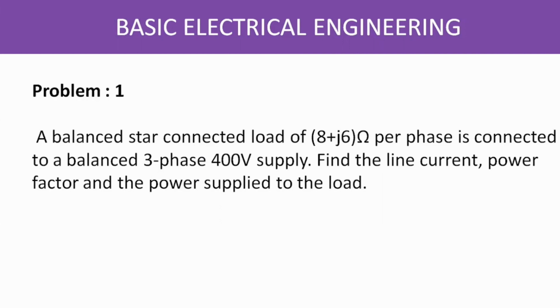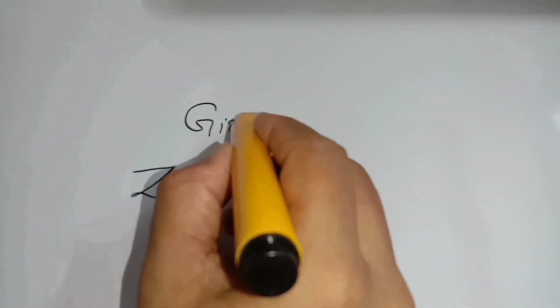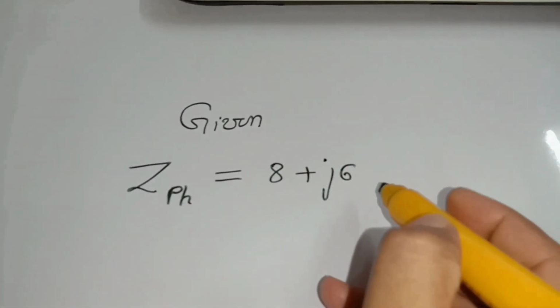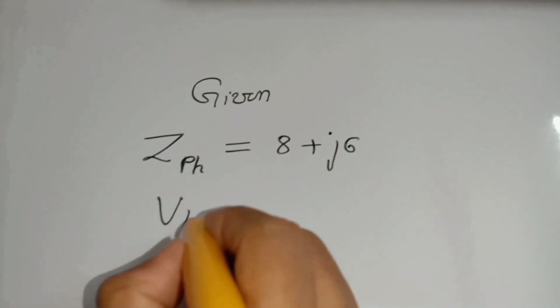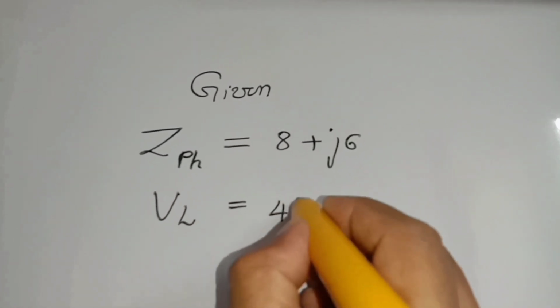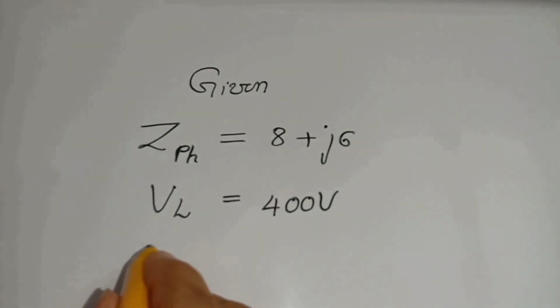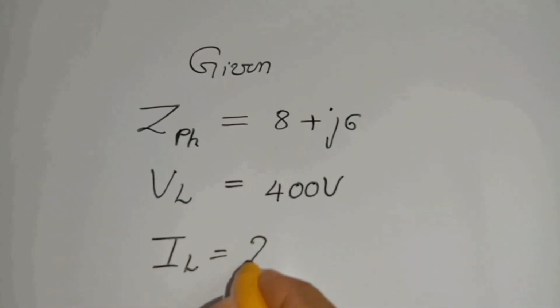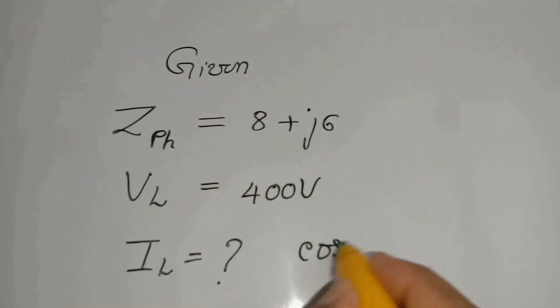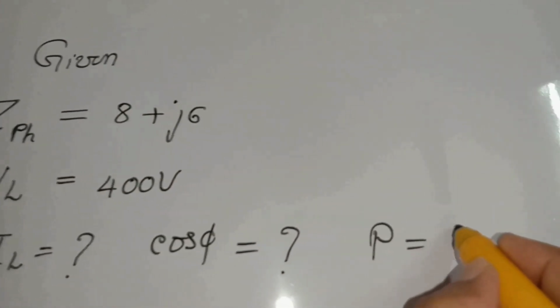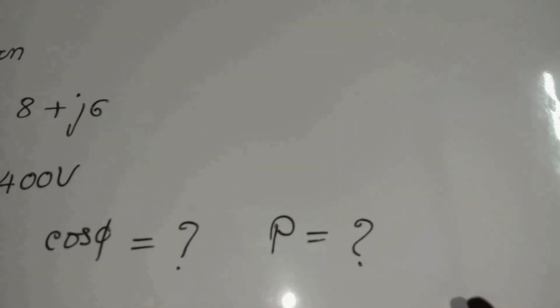The solution: given the phase impedance ZPH is equal to 8 plus j6, the line voltage VL is 400 volt. We have to find the line current, power factor and power taken by the load.